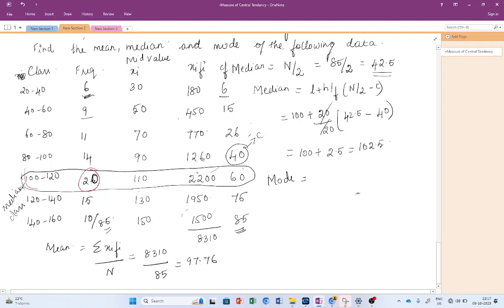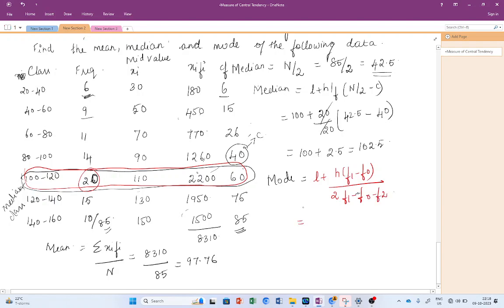So again, this is called your modal class. Now with this data you are going to find what the mode is. The formula to find your mode is L plus H into F1 minus F0 divided by 2 into F1 minus F0 minus F2. This is your formula.